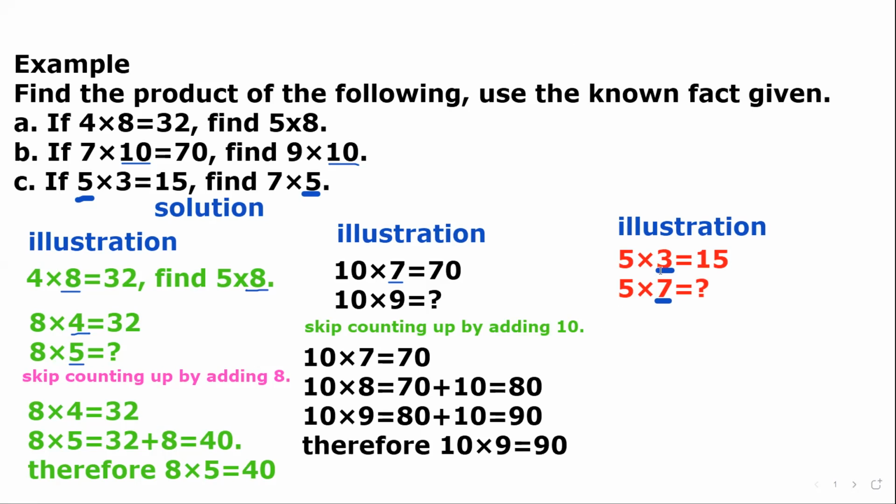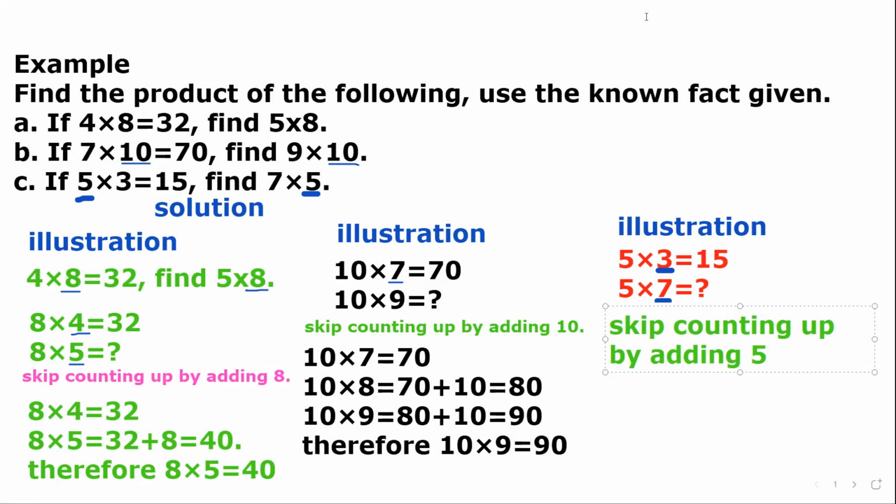Now, since we know this 3 to 7 means we should skip count up because the number keeps on increasing, our narration will be skip counting up by adding the multiplier, which is the 5.